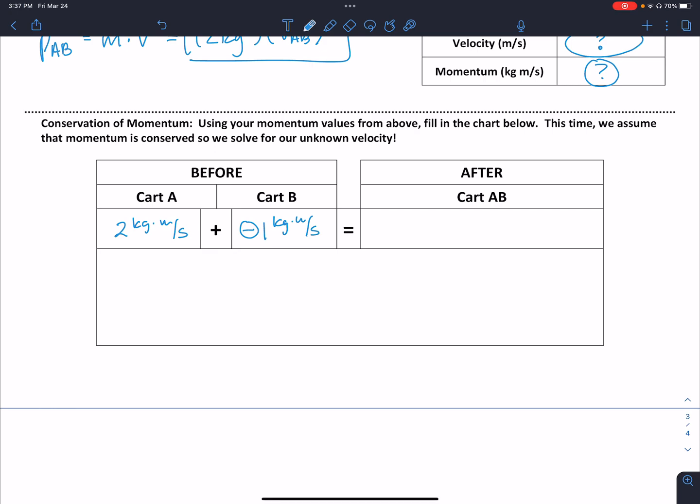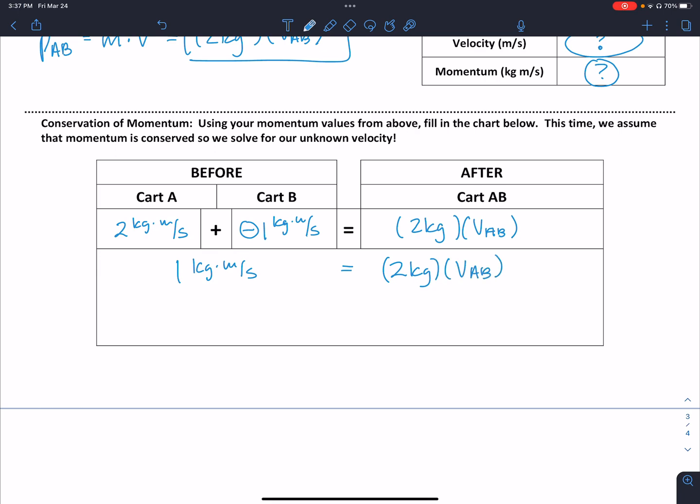We know that afterwards the momentum is equal to 2 kilograms times our unknown velocity, VAB. We're going to add the two together on the left side of the equal sign. So 2 plus negative 1 gives 1 kilogram times a meter per second, and that's going to be equal to 2 kilograms times our unknown, VAB.